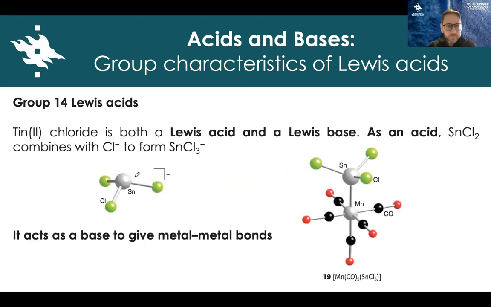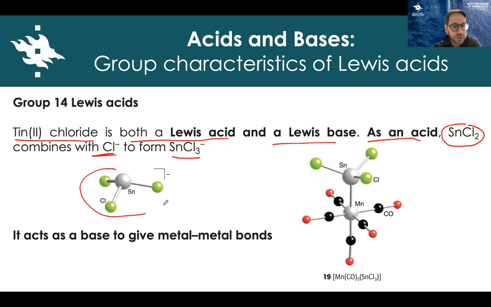Okay, so regarding tin chloride, it can act both as a Lewis acid and as a Lewis base. As an acid, the dichloride can combine with another chloride ion to form the trichloride species as shown here.